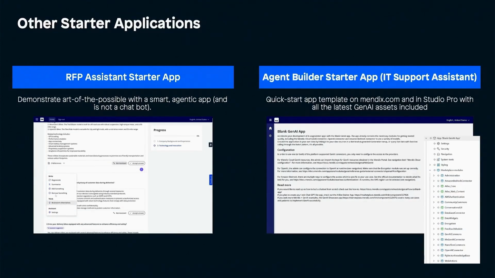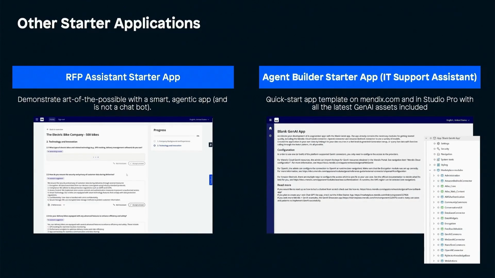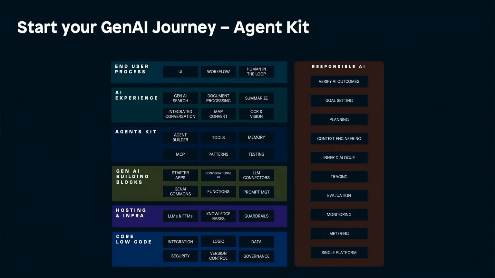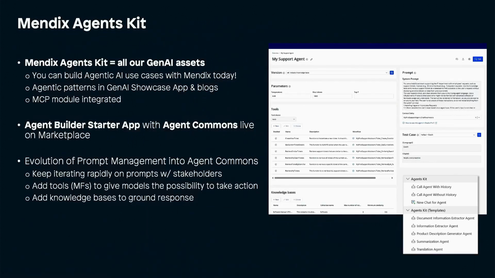And of course, we do have a specific one, a blank application, that is able to also work with that. Now we go into the second part, which is the agents kit. And as I previously mentioned, in case you want to have a very smart application, I would recommend you to have agents in it, specifically because they are also what the future is bringing.